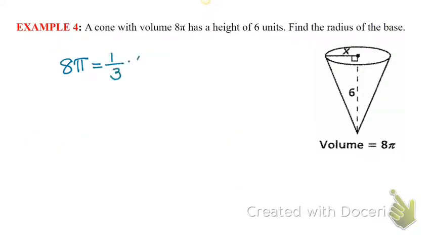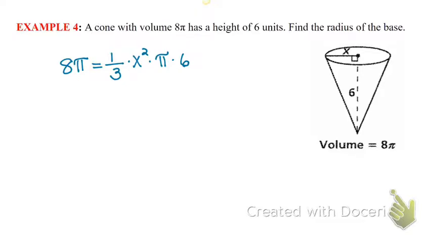This time we have a cone with volume 8 pi, and it has a height of 6 units. So when trying to find the radius, what we know is 8 pi, that's the volume. And the volume is equal to 1/3 the radius, which is x, so 1/3 x squared, times pi, times the height, 6.